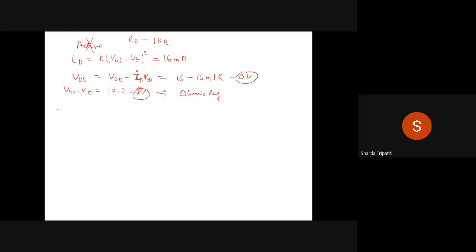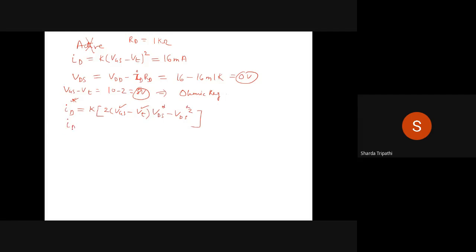So with this assumption, अब ohmic region में मान लिया है, so what will be the new drain current? New drain current will be given by K times of 2 VGS minus VT multiplied by VDS minus VDS square. So here ID is what you have to calculate. VGS is equal to 10 volts and VT value is also given, and VDS is unknown. So here there are two unknowns, ID is unknown and VDS is also unknown.